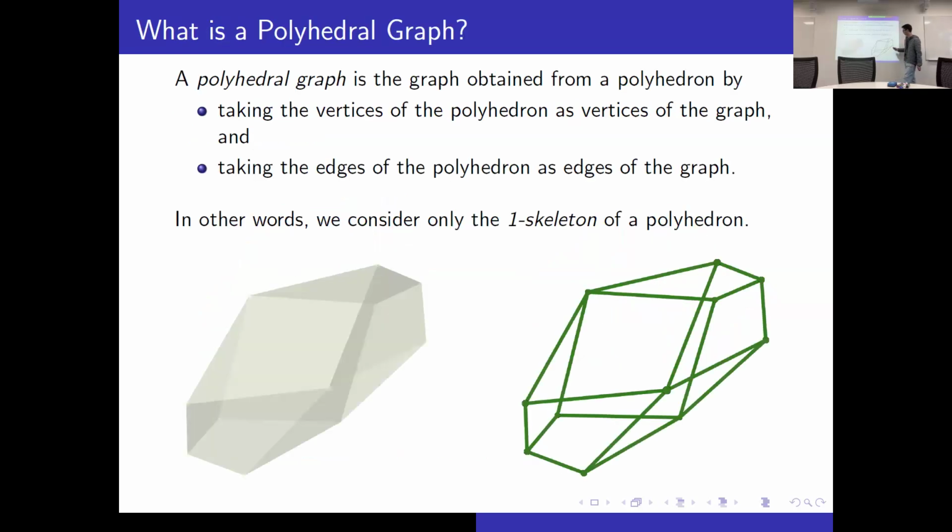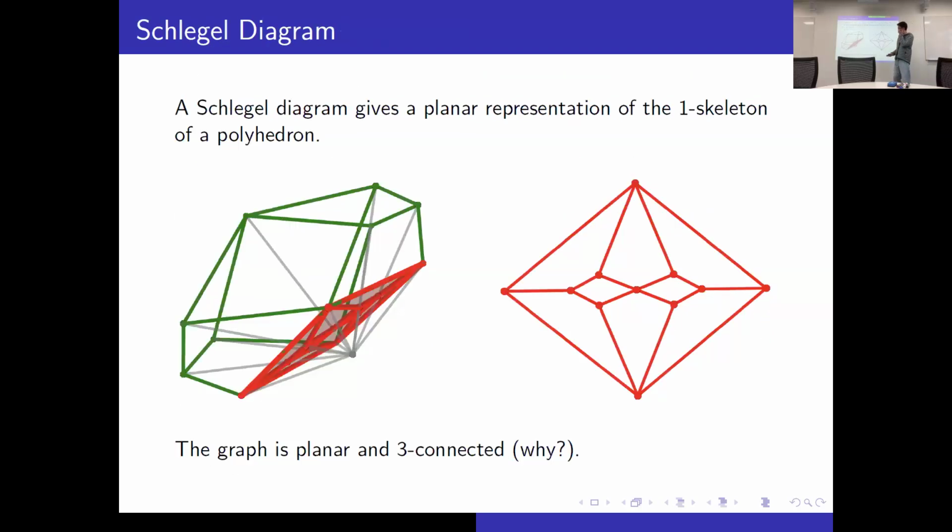You see that this graph has a 3-dimensional representation, but it is very easy to draw it on the plane. How to do this? One way is to pick any face of your polyhedron, then take a point a bit away from the polyhedron, and everything can be mapped onto this face.